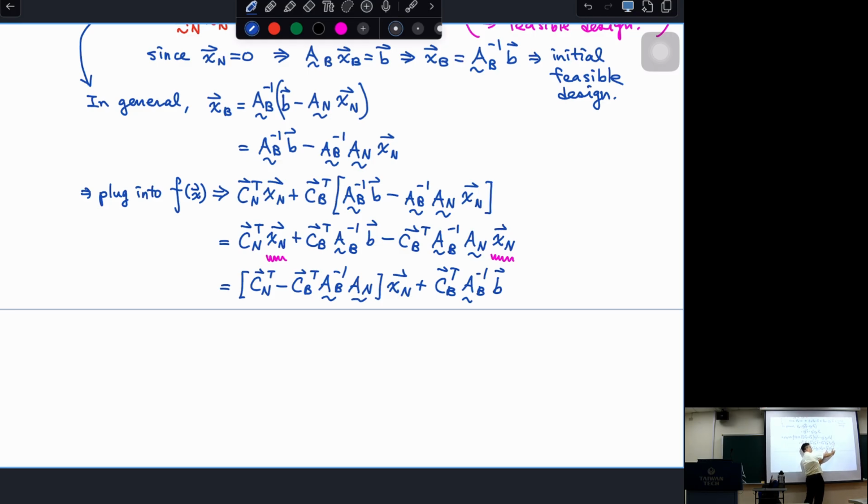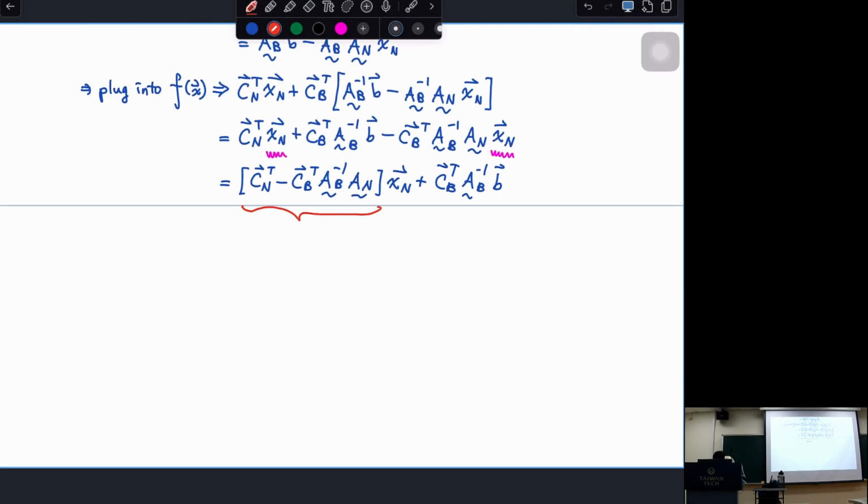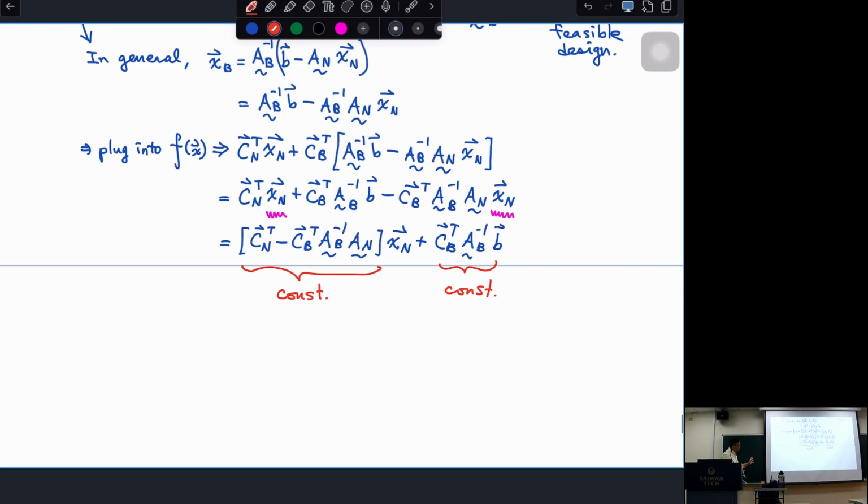This chunk is another chunk of constant values. So this whole thing basically is a linear equation. It's like ax plus b, right? So here, they are constant. This is constant, okay?